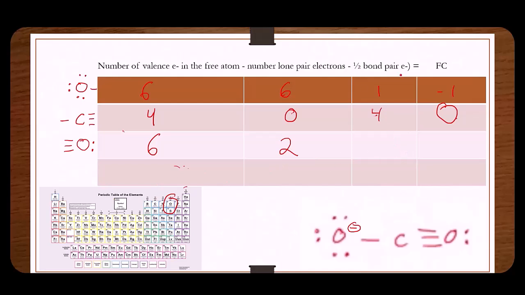And we take half of those for the oxygen, so that would be 3 valence electrons. So 6 minus 2 minus 3 equals positive 1. And we can put this formal charge on this atom by putting the sign on it with a circle around it. If it's 1, then we can just put the sign on there. If it was more than 1, we would put the magnitude of the charge with a circle around the sign.